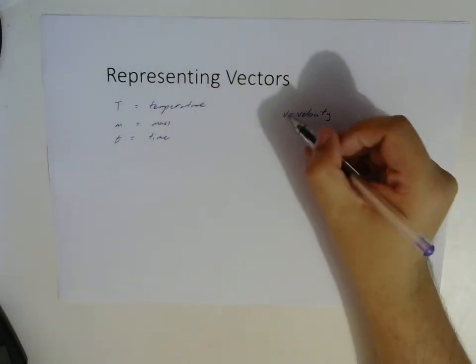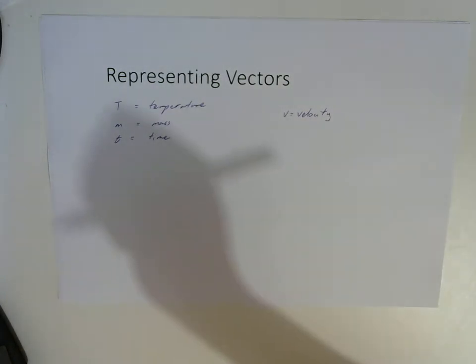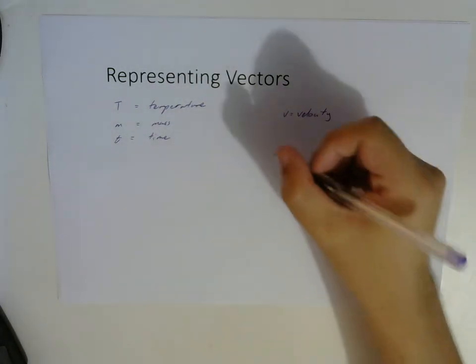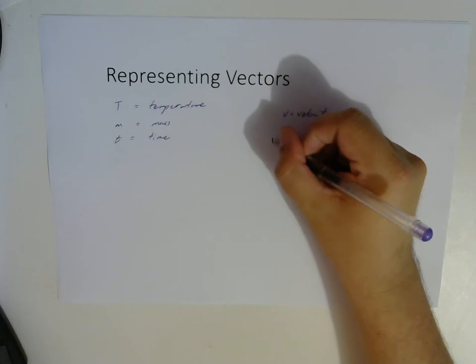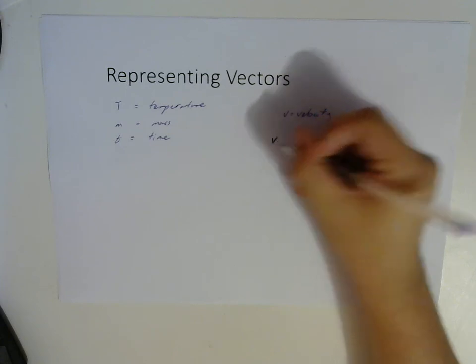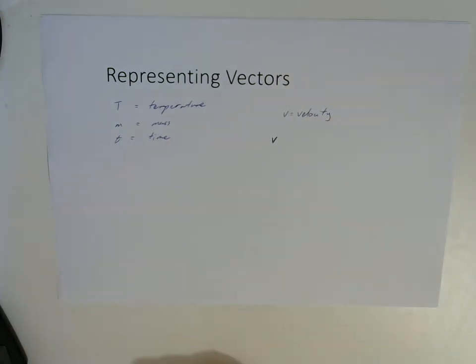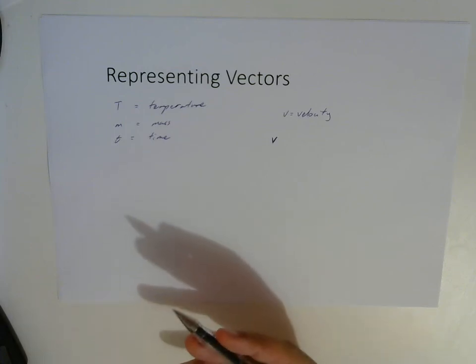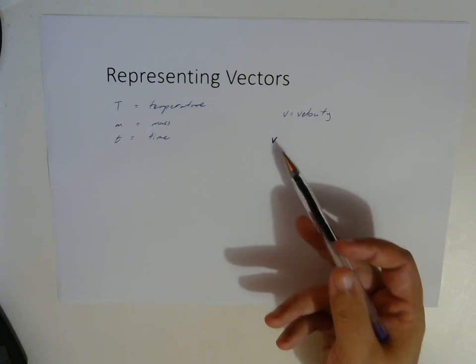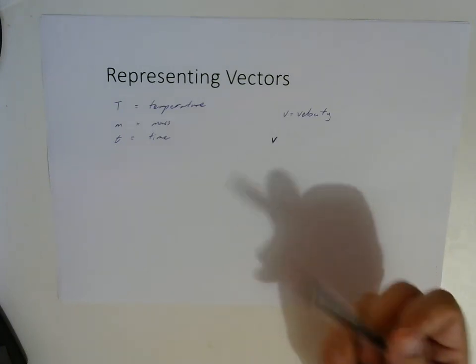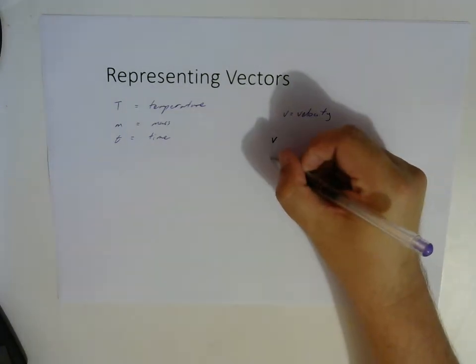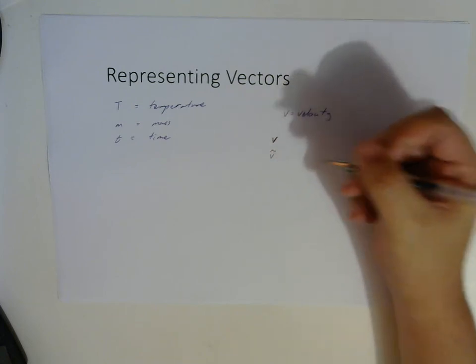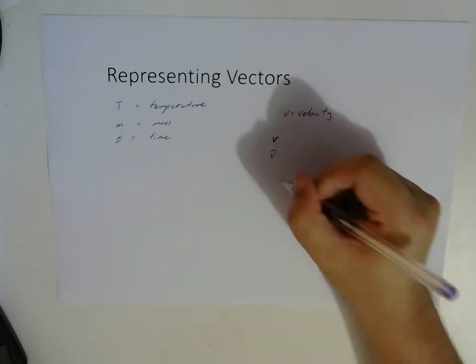So we give vector symbols like velocity a little bit of extra symbols. They can be bold, which is a little bit harder to do with handwriting, but just a slightly bolded V. That's a pretty easy one to do on a computer though, so if you want a simple one to do on a computer, bolding the vector is perfectly fine. You can give it a hat, so V with a little hat.